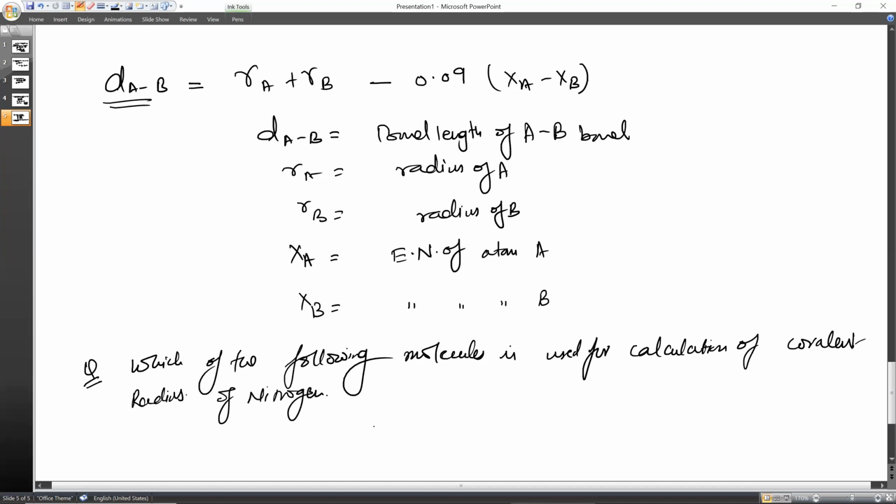If you want to calculate the radius of nitrogen, how will you be able to calculate it?